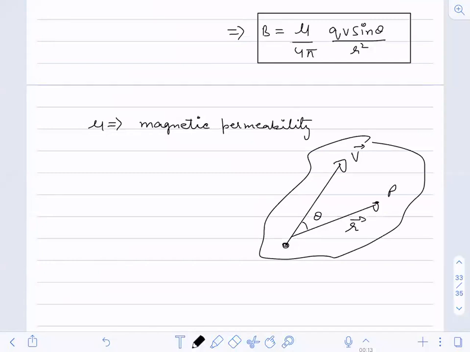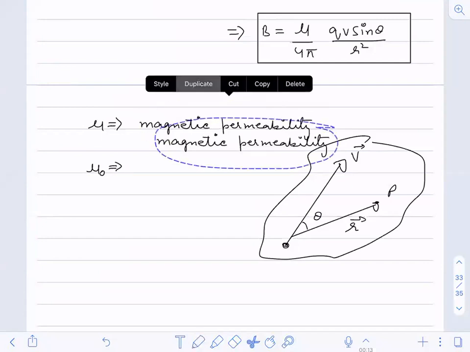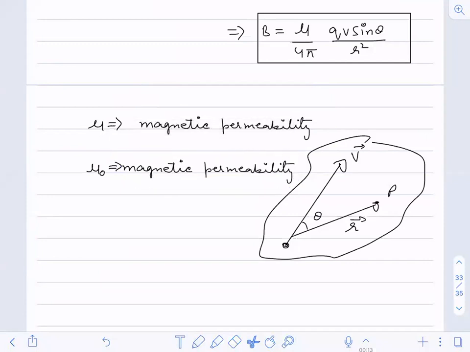So this magnetic permeability is written as mu naught. There epsilon was the general permittivity, epsilon naught was used for free space. Here mu naught will be the magnetic permeability for free space.